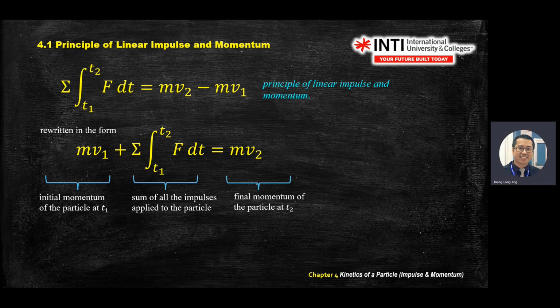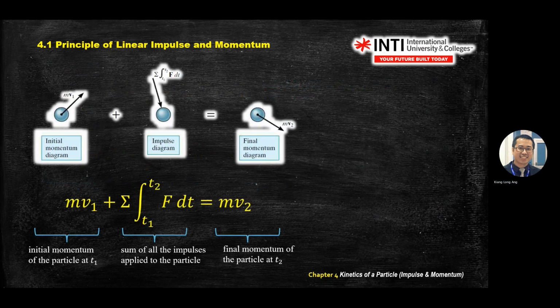So you're dealing with initial momentum, impulse, and final momentum. Initial momentum plus the sum of impulse equals final momentum. So if you draw a particle diagram, you can draw the initial momentum, which is mv1. Again, velocity is a vector. So you have a mass with the velocity pointing upwards, v1, plus the impulse. What is impulse? Force and time.